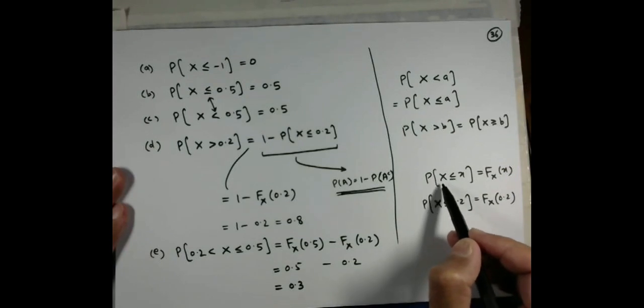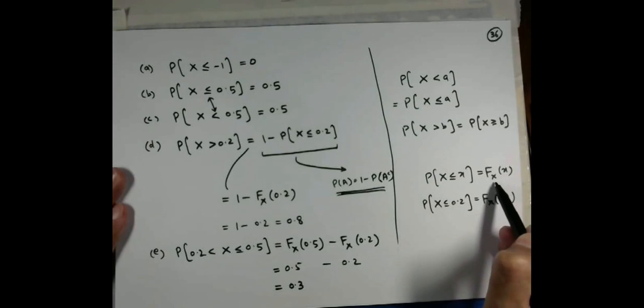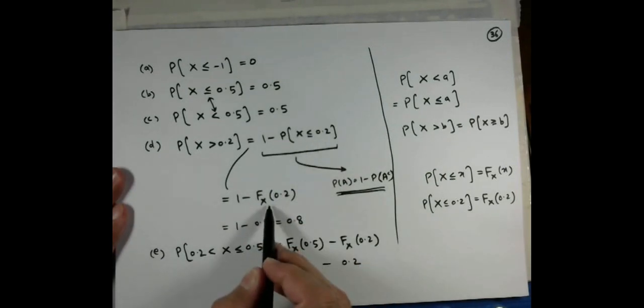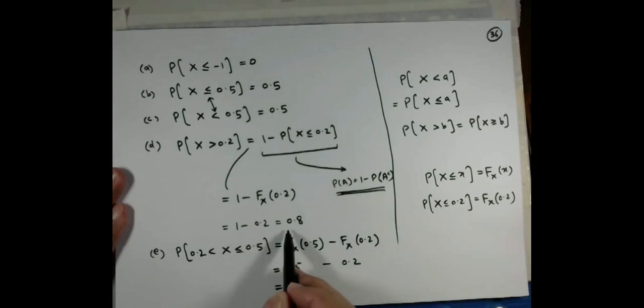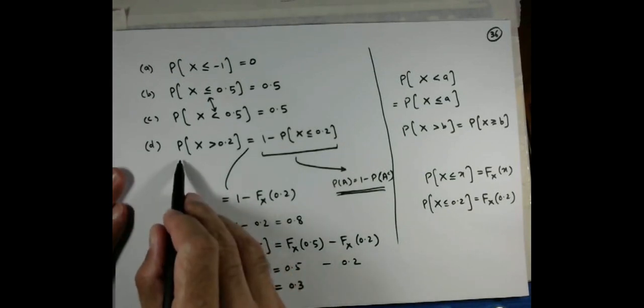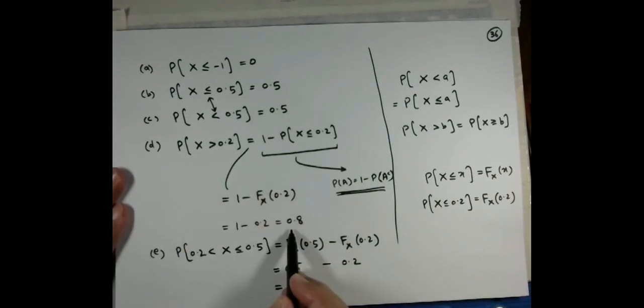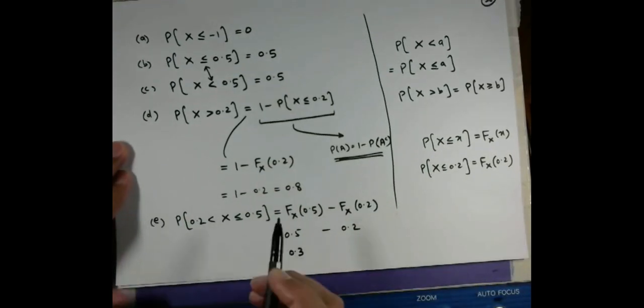The probability that X is less than or equal to x, this expression is always the CDF. So this part has been written as the CDF, so it is 1 minus the CDF at 0.2, which is 0.2. So the resultant probability for this case is simply 0.8.